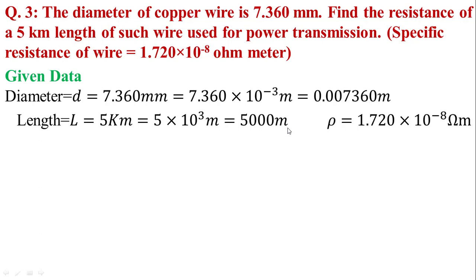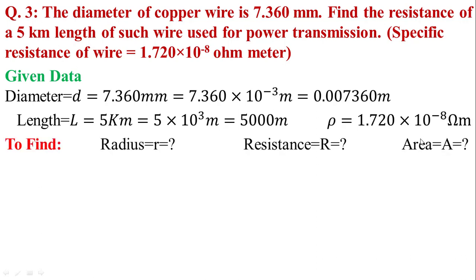And according to the statement, given specific resistance rho is equal to 1.720 multiplied by 10 raised to power minus 8 ohm meter.